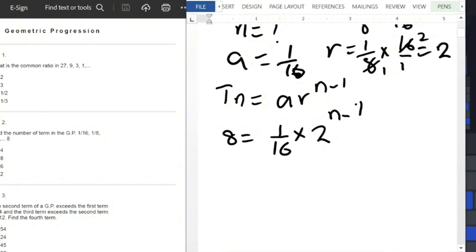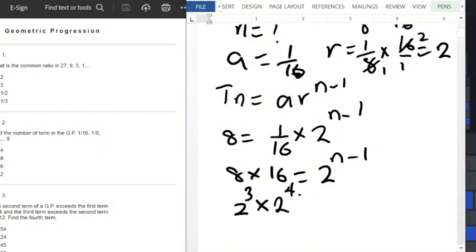The next thing to do is to cross multiply. So we have 8 multiplied by 16 equals 2 raised to the power n minus 1. Express all these in base 2. So we have 2 raised to the power 3 multiplied by 2 raised to the power 4 equals 2 raised to the power n minus 1.